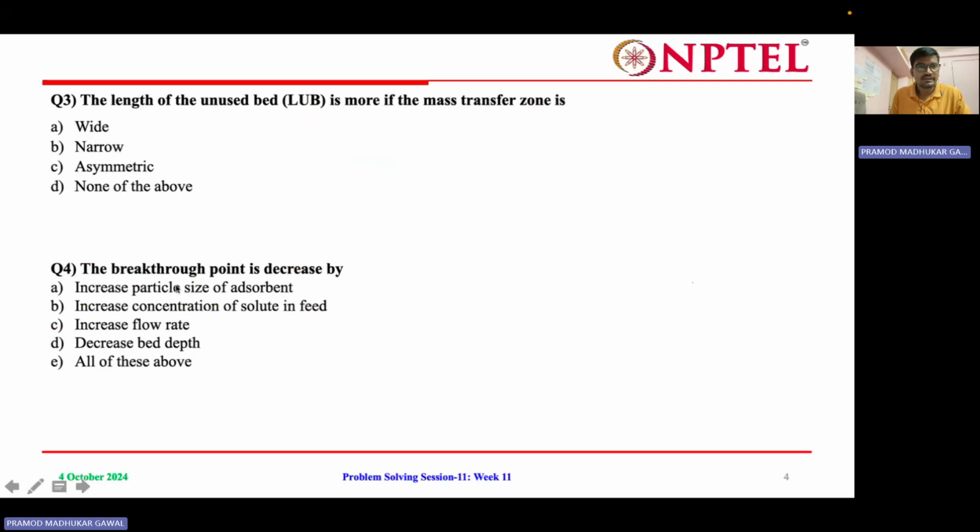Question number 3. The length of unused bed is more if the mass transfer zone is wide, because saturation progresses more gradually across the bed.